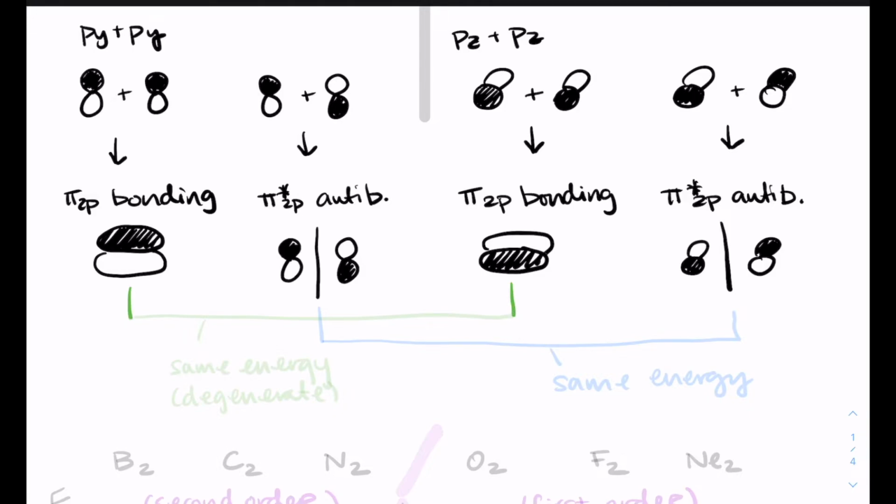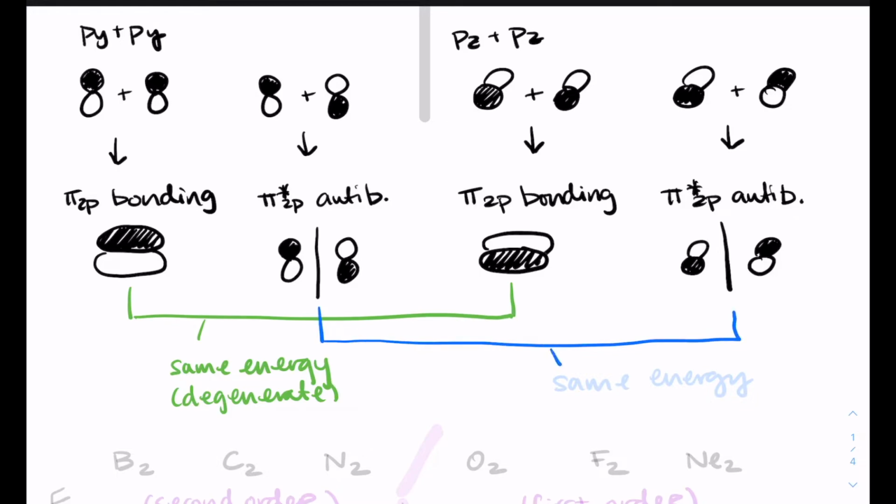So 4 combinations from 4 orbitals, but the pi 2p bonding orbitals look exactly the same but rotated. They will have the same energy. So just a reminder that degenerate is the word that means same energy. So the pi 2p bonding orbitals have the same energy, and the pi star 2p anti-bonding orbitals have the same energy.